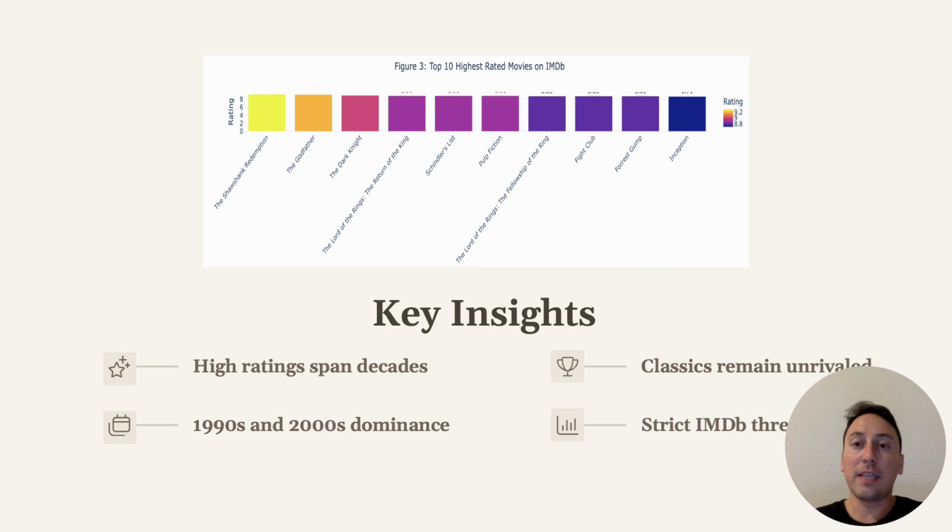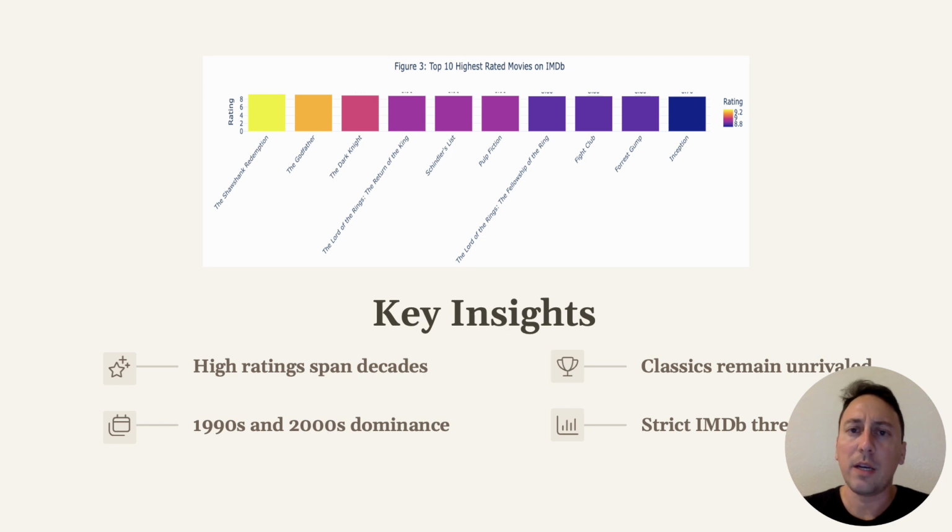From the visualizations, several key insights stood out. Top-rated movies are evenly distributed across decades, showing that no single era has a monopoly on quality. The 90s and 2000s produced many beloved titles, likely influenced by globalization, internet access, and the boom of home entertainment.